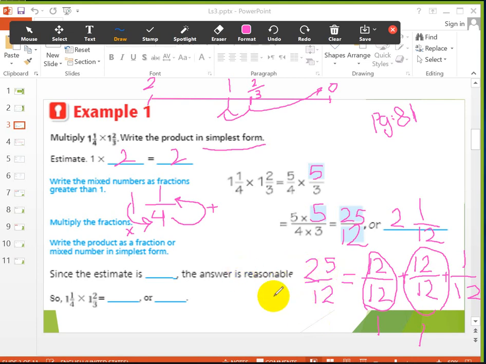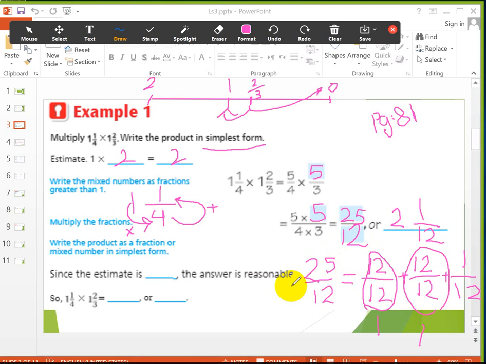How many? Let's find. Look, if I take only 12 from 25 and write it here, it will be 12 over 12. I break down the fraction. Not divided, no. You will take 12 from 25.